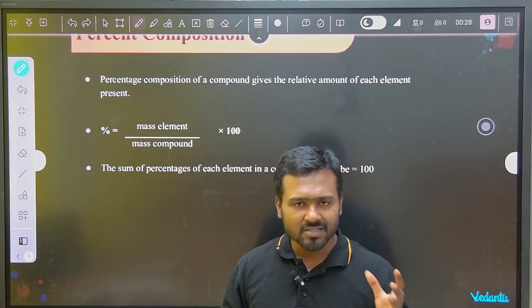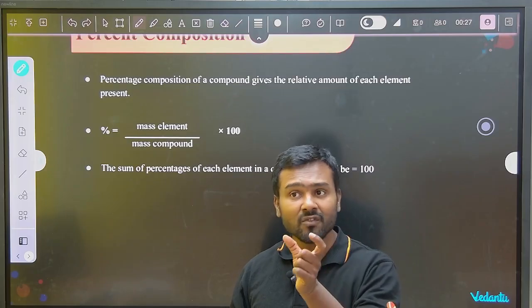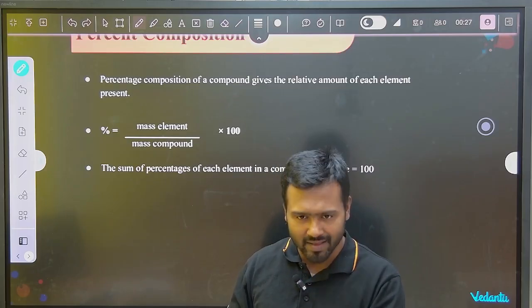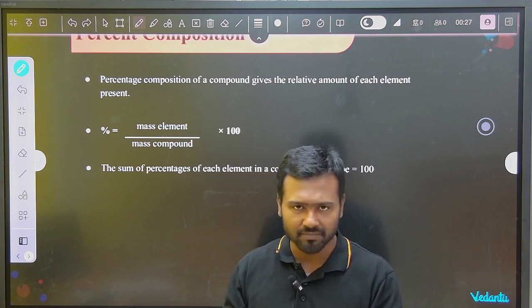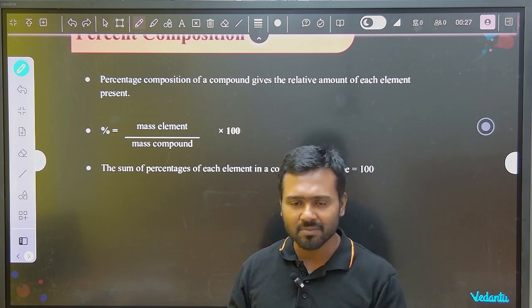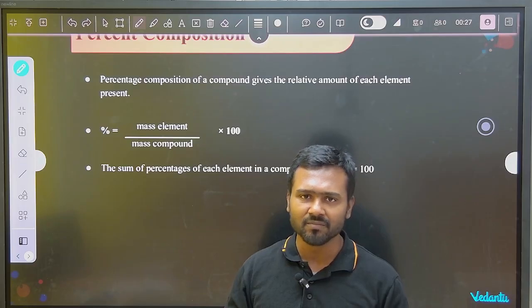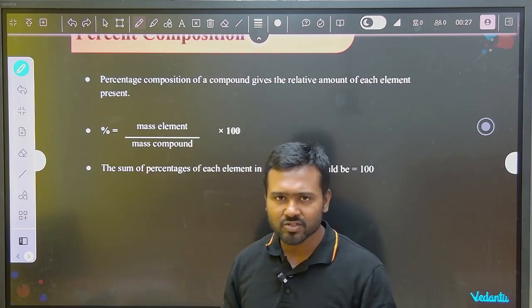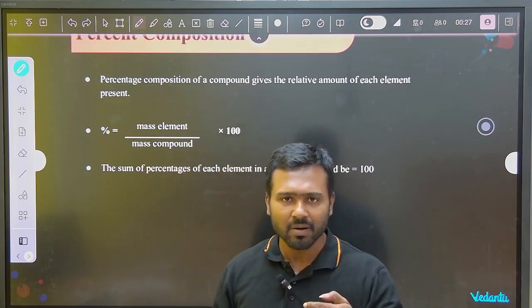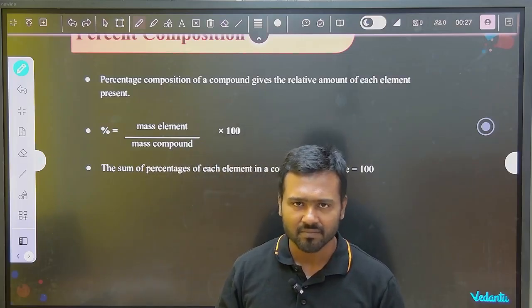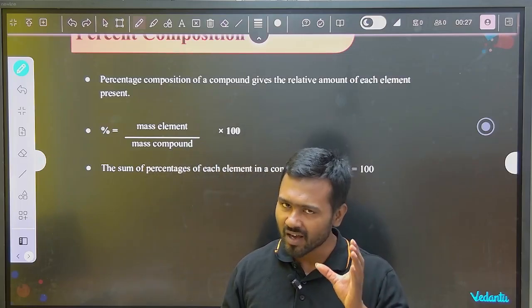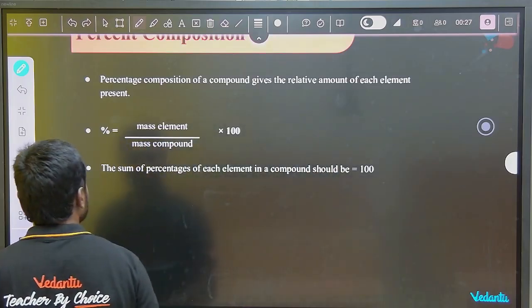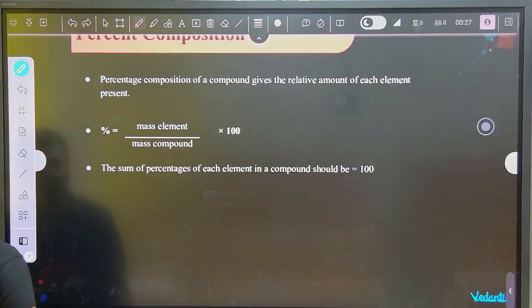The percentage of carbon is equal to the weight of carbon in the glucose divided by the weight of glucose, into 100. The weight of carbon: 6 carbons are there, each one is 12, right? So its weight is 72. So 72 by 180 into 100. Then you will get the percentage of carbon present in the glucose. Okay.